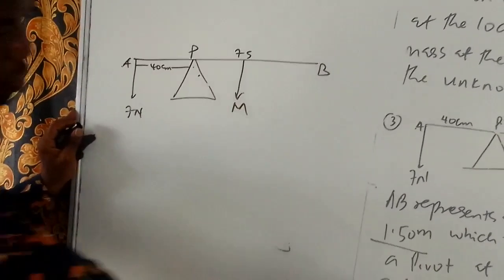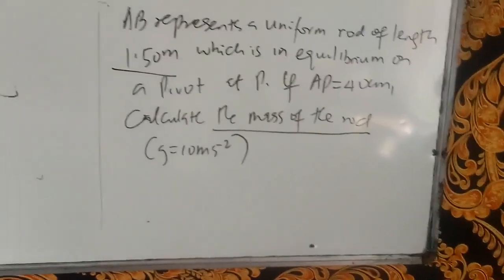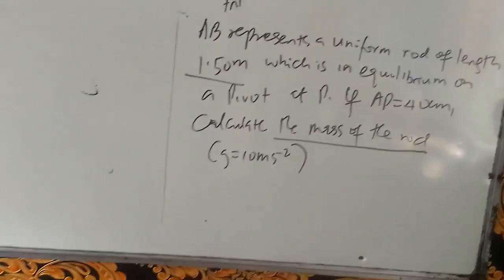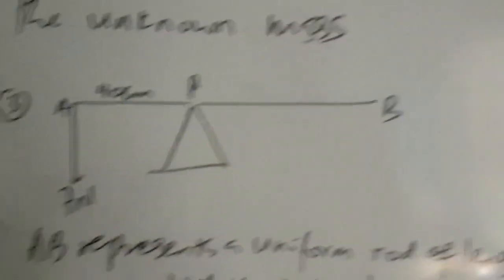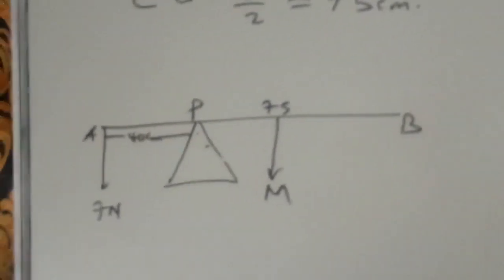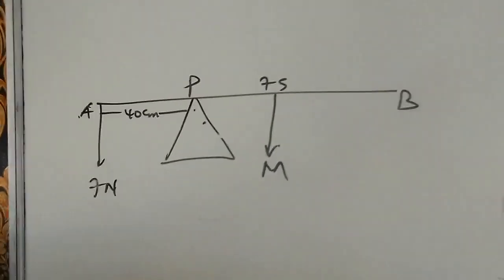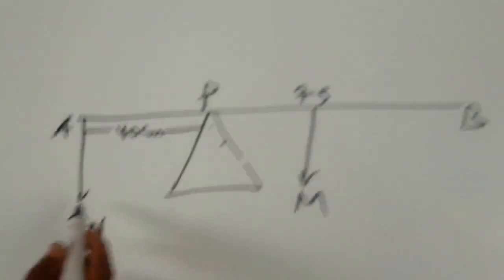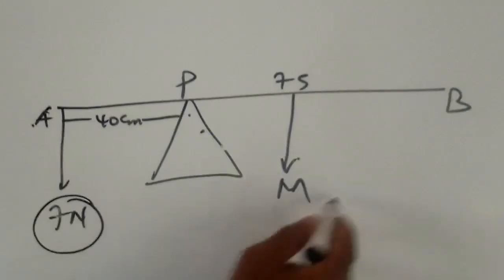Go to the equation. We ask for the mass of the rod. So, what else do we need? The diagram is not complete, so we have to make it complete based on the information provided. We now find the distance between each force and the pivot. There are two forces here, this and that.